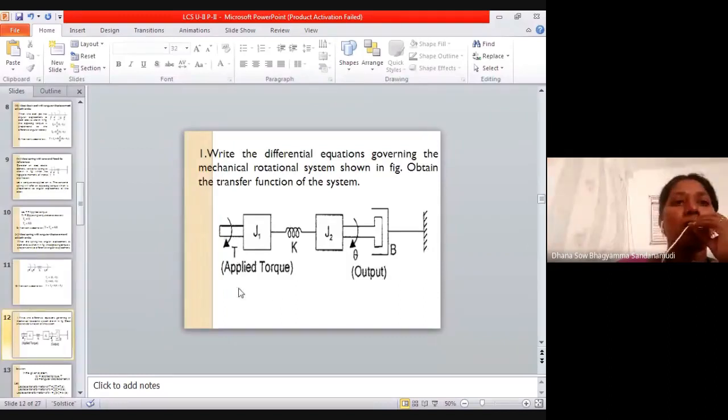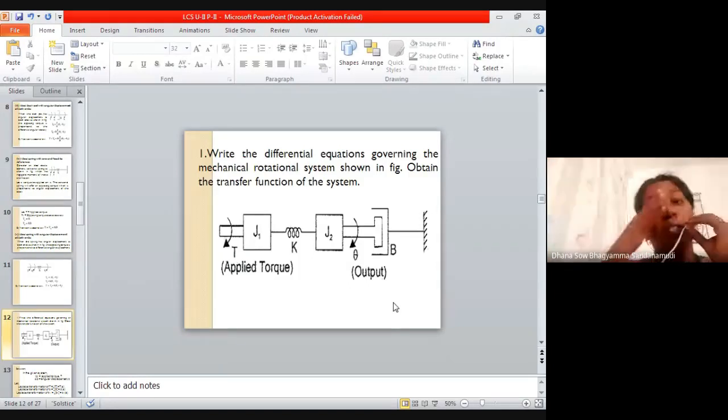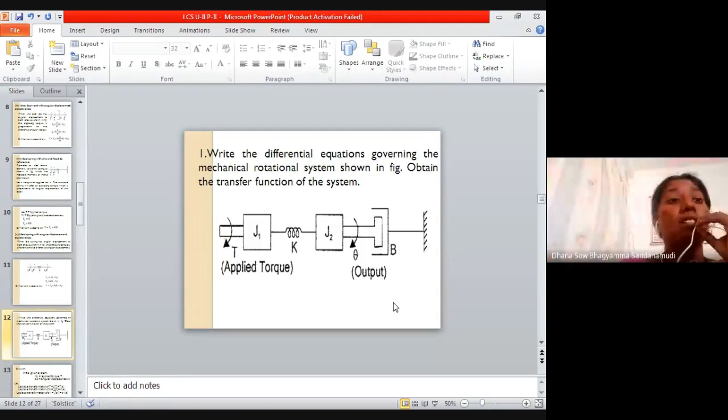That's why I think you had disturbance till now. I think from this moment onwards there will not be any disturbance.